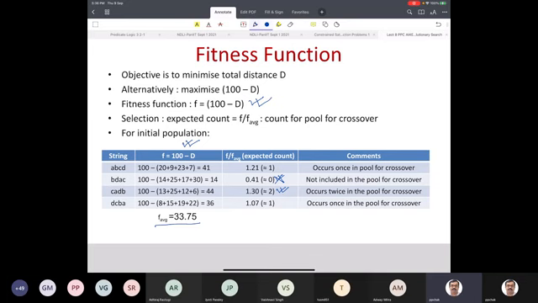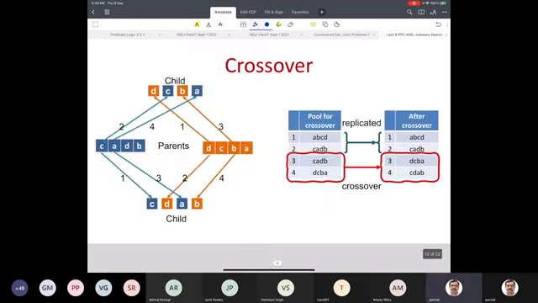Now, by removing a few and duplicating a few, we create the pool for crossover and mutation. What do we do? Crossover can be done in many ways. In this case, we define a crossover as taking 2 elements of one parent and 2 elements of another parent and forming a child.